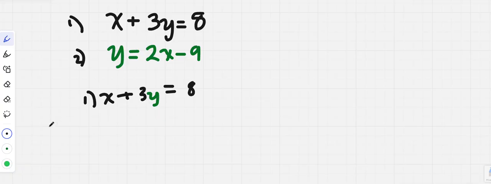Instead of y, we're going to put the expression 2x minus 9. So we rewrite the entire equation, but instead of y, we write 2x minus 9.